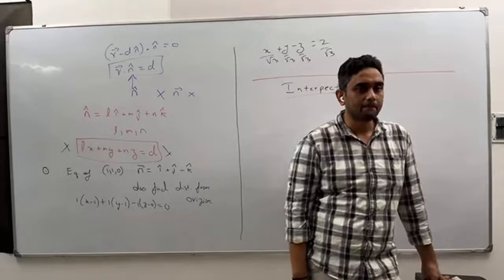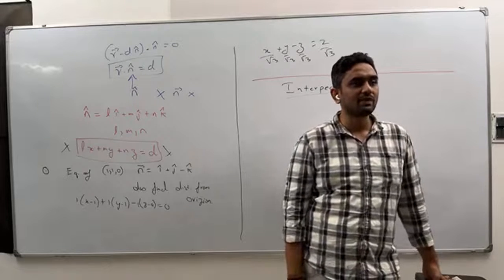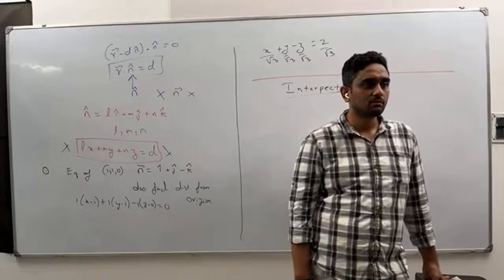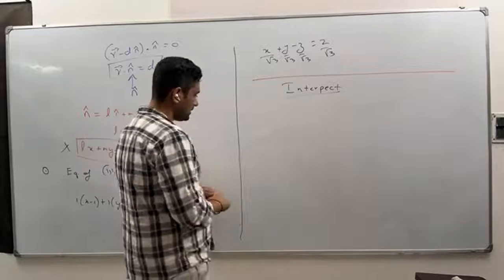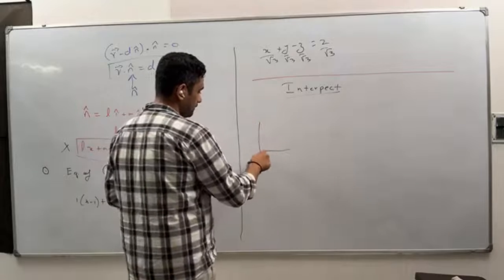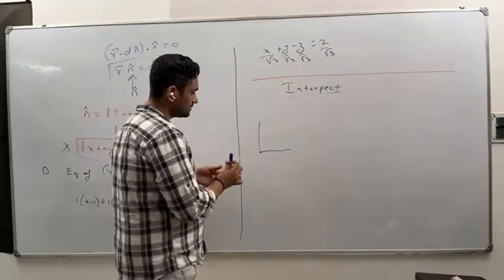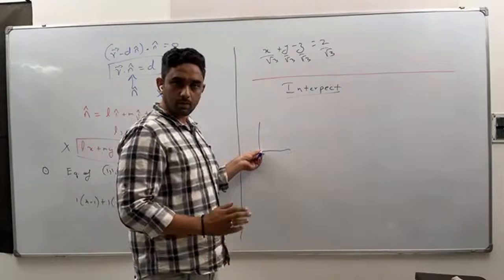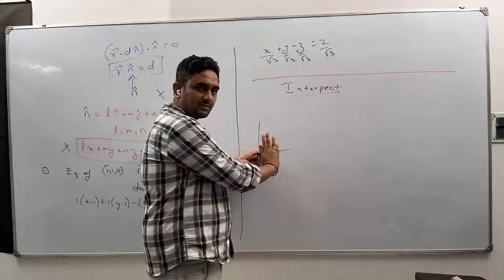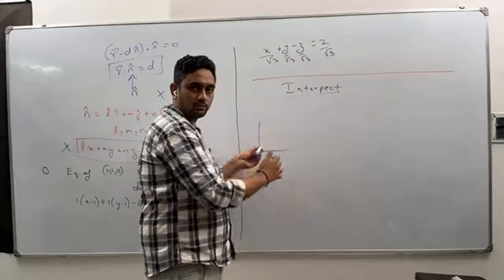Now every plane will have some x, y, and z intercept. For example, say we have the axes like this, and this is the z axis. A plane will cut the x axis at some point, y at some point, z at some point.